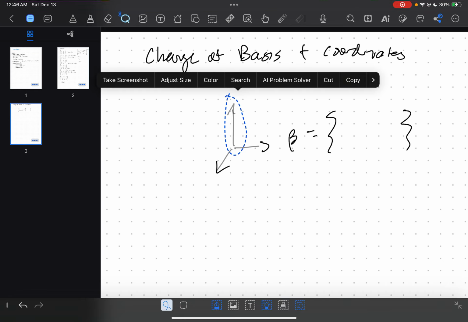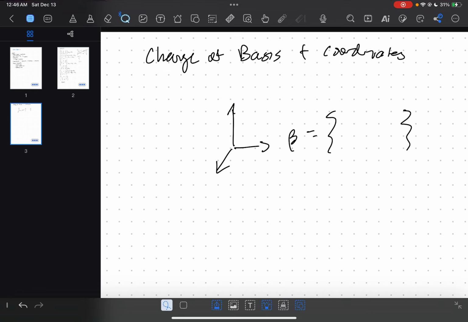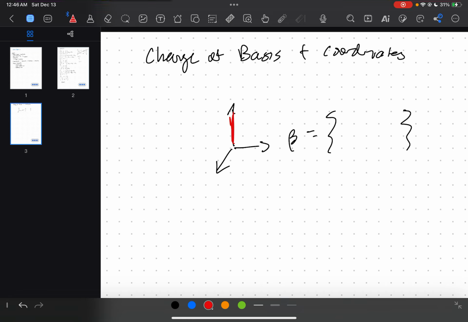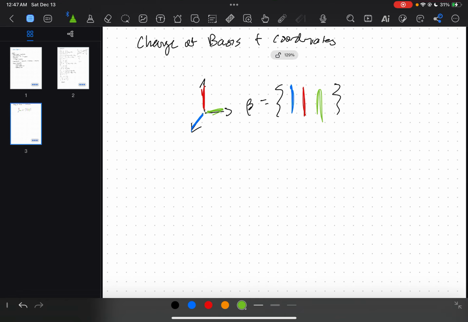The idea is that we make this one red, this one blue, this one green. Your basis vectors make up all other vectors in the space. So blue, red, green, like imagine these are vectors. That's what your basis is.